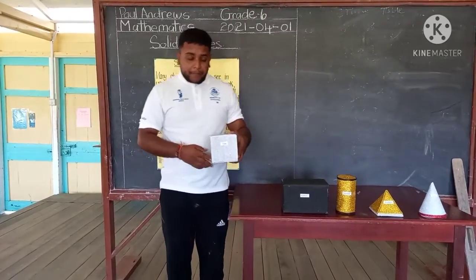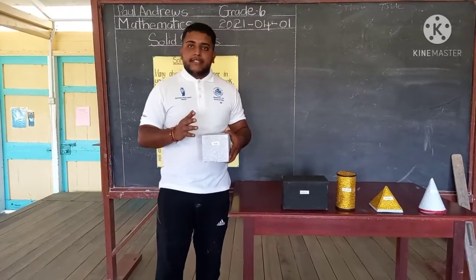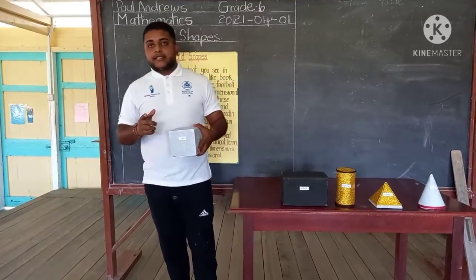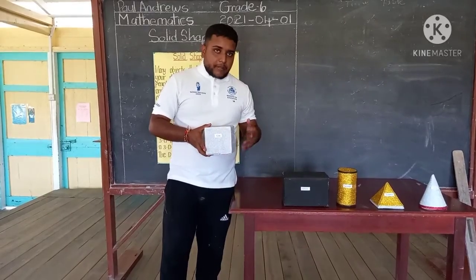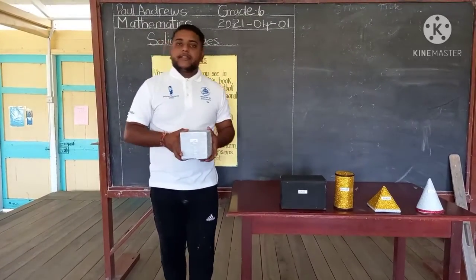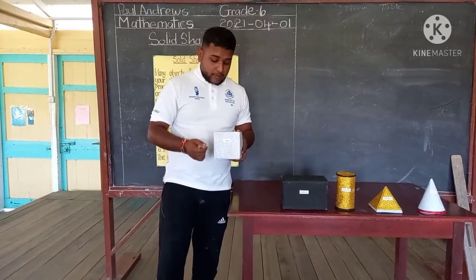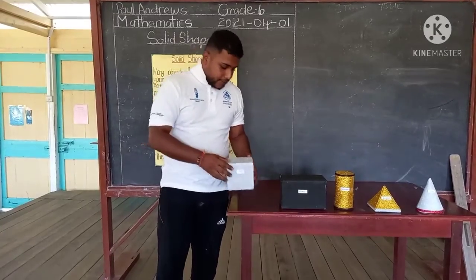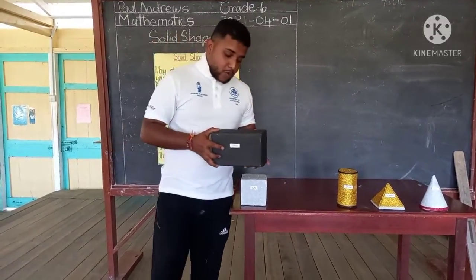Yes, very good. Now the tricky thing with the cube is that all sides are equal, right? It will be better to identify the length and the breadth when we move on to cuboids. Good. Our next solid shape is the cuboid.